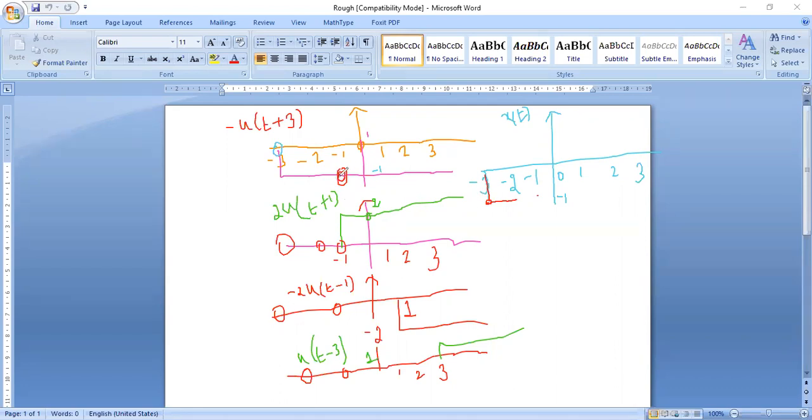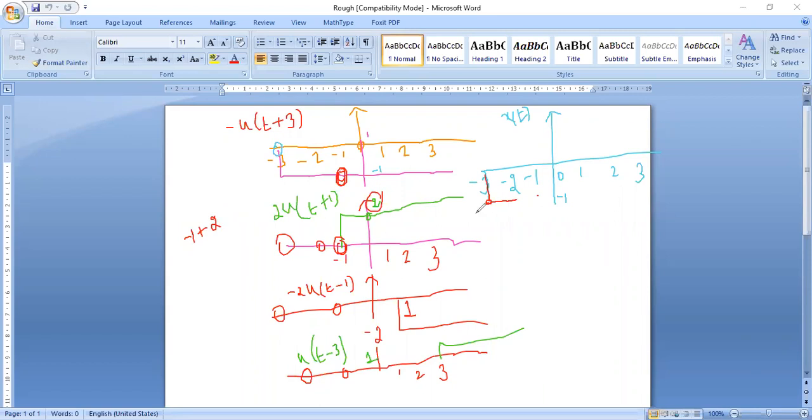From the first diagram, I have -1 as the amplitude. And the second diagram at -1, I have an amplitude of 2. And the third and fourth diagrams do not have any amplitude. So at -1, if I add the amplitude, -1 from the first diagram and +2 from the second diagram, my amplitude is 1.